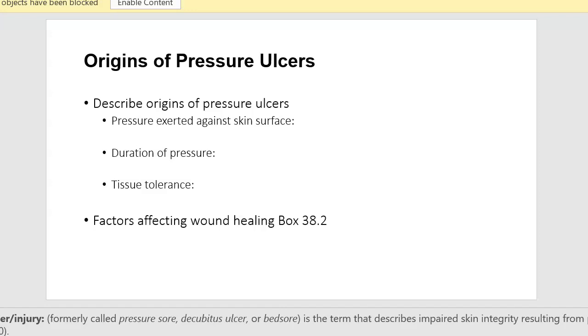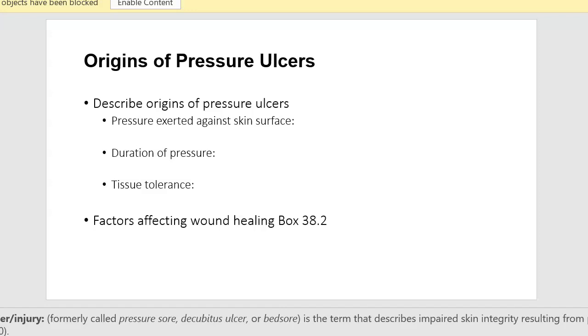The areas of greatest risk are bony prominences connecting with the surface of a bed or a chair. And duration of pressure, so the longer pressure is applied, the more likely it is that tissue loss will occur. So we see that with high pressure over a short time or low pressure over a longer time. Either one of those causes skin breakdown. As well as tissue tolerance.